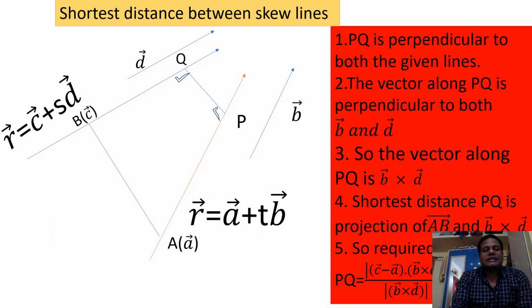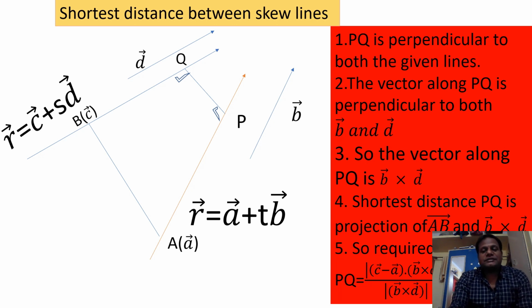Now we want the shortest distance PQ. Is PQ the projection of AB bar on the vector along the line PQ? Yes. So by using that projection concept, I can get the shortest distance between the skew lines, that is PQ is equal to mod of (c bar minus a bar) dot (b bar cross d bar) by mod b bar cross d bar.